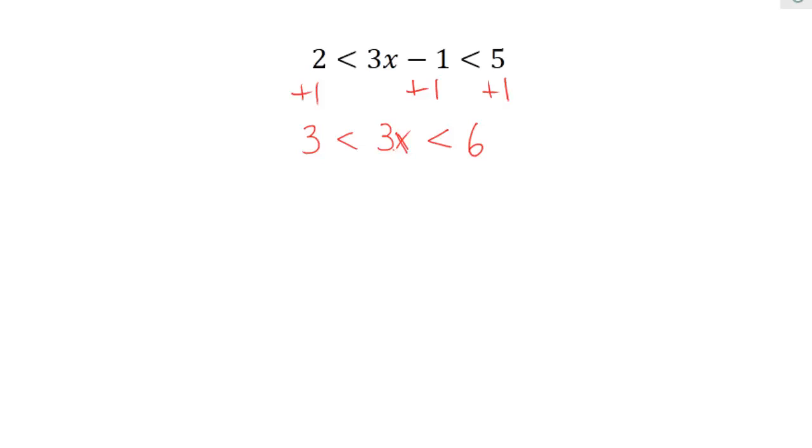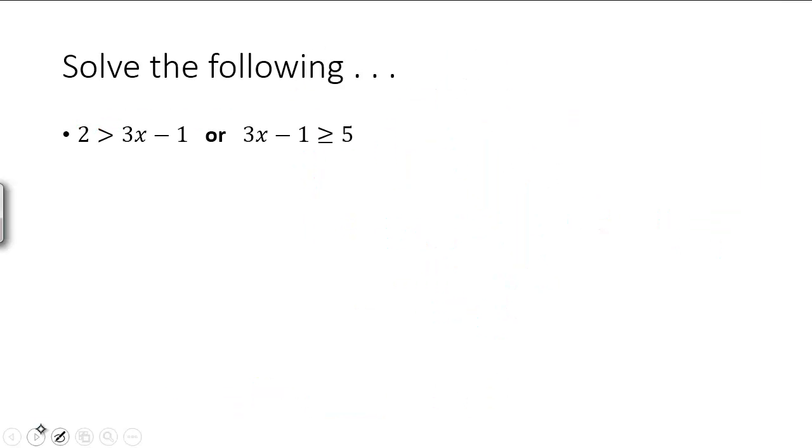Now to get x by itself, you want to get rid of the multiplication by 3, therefore dividing everything by 3. The signs don't change because we're not dividing by a negative, and that leaves us with x being between 1 and 2, which is what we had as the answer previously.